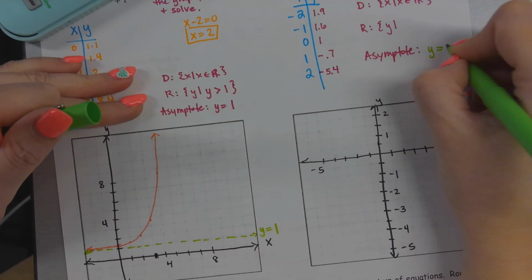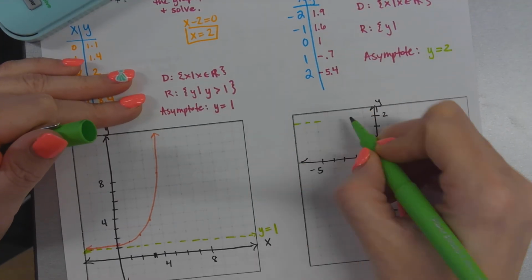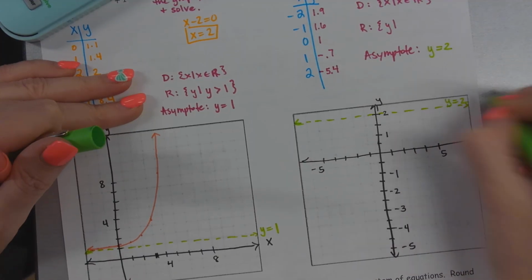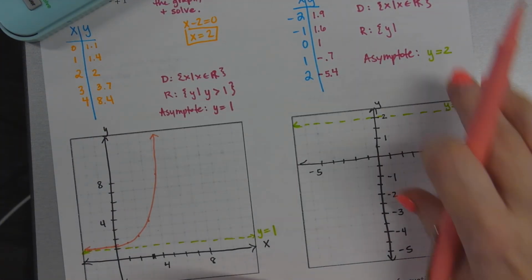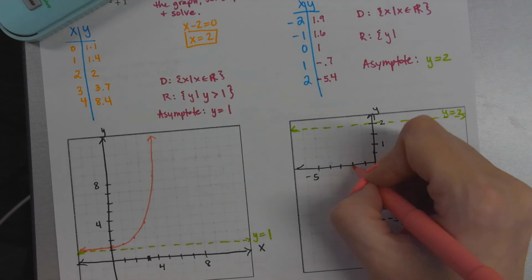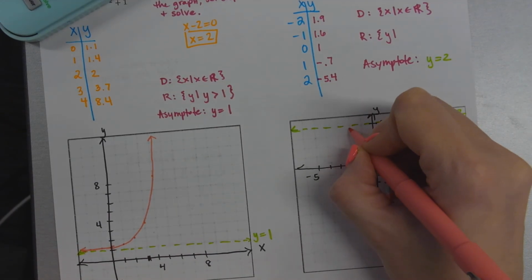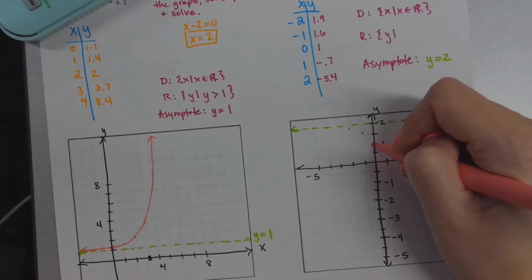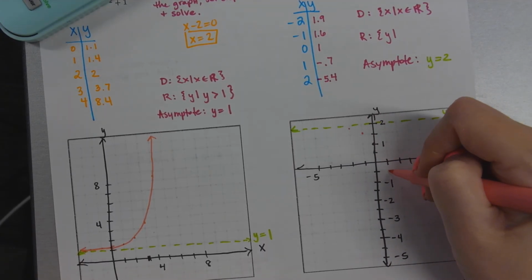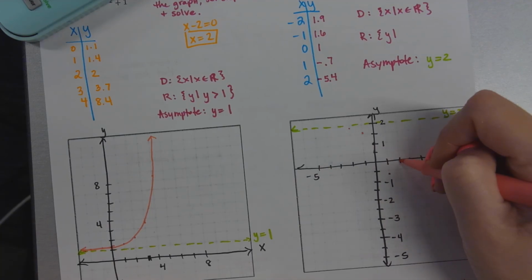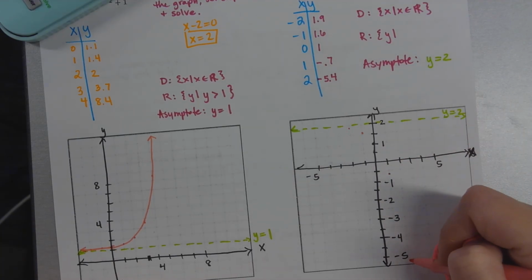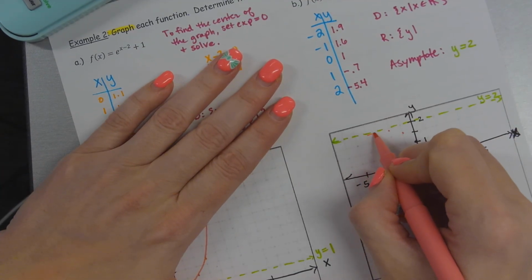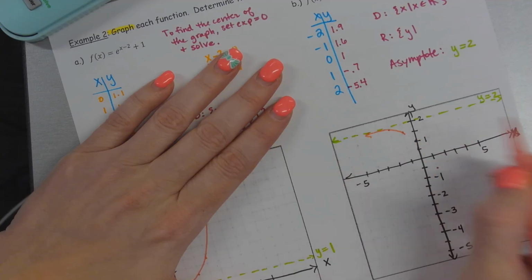Okay, and we know this is going to be y equals 2. So make sure you put your asymptote on there, and we're going to label that. And then go back and fill in the range if you haven't done that already. And then keep in mind this is going to be going along your asymptote there.